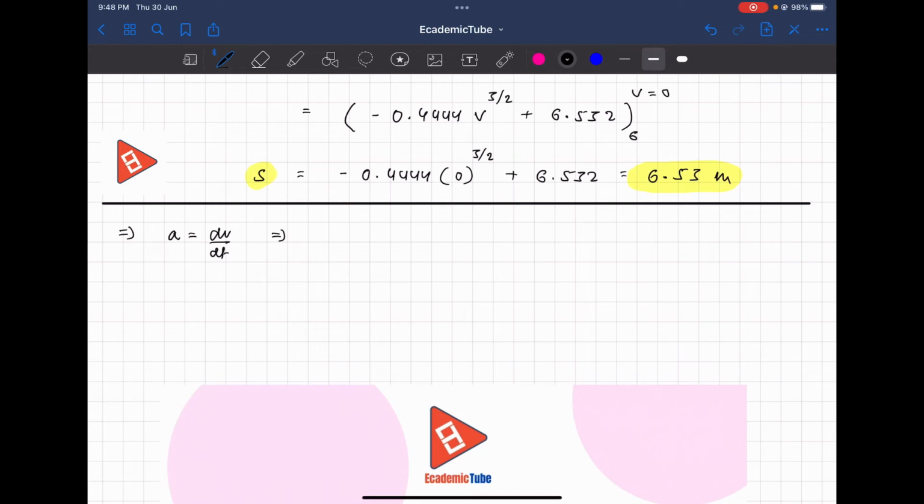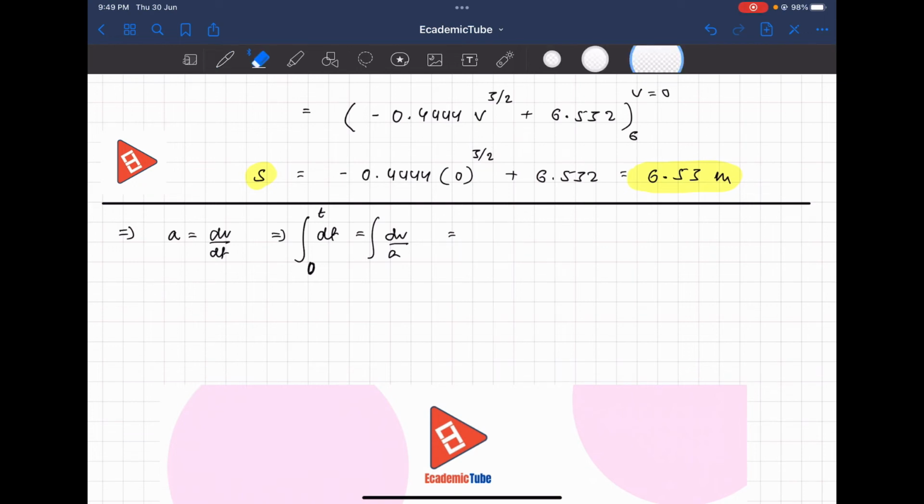So we can write dt is equal to dv by a. Now we will integrate this one. The moment when we started observation, the time is 0, and the time when it stops is t.